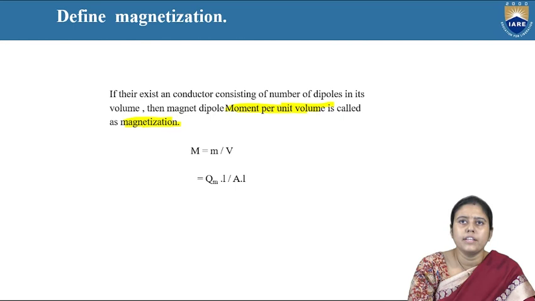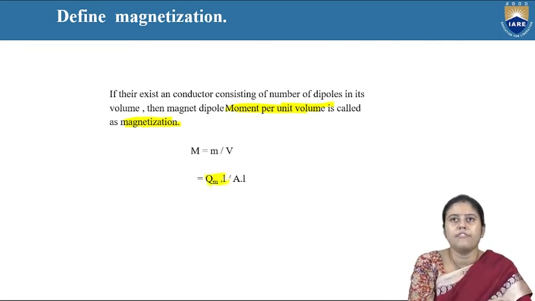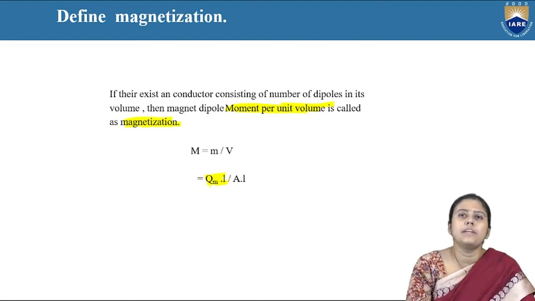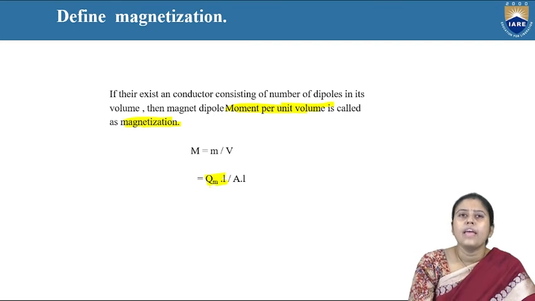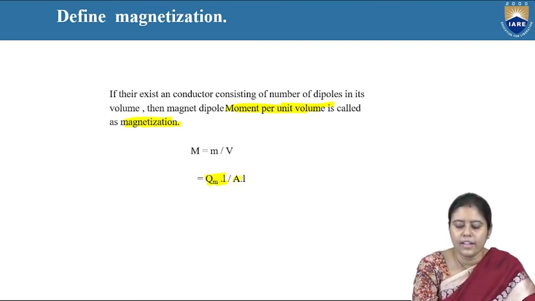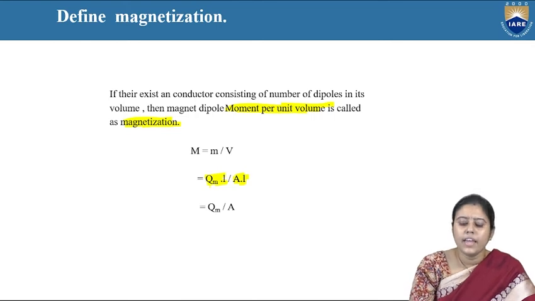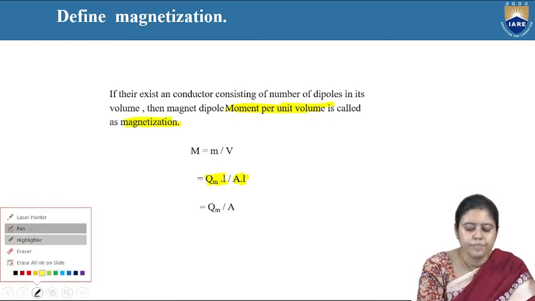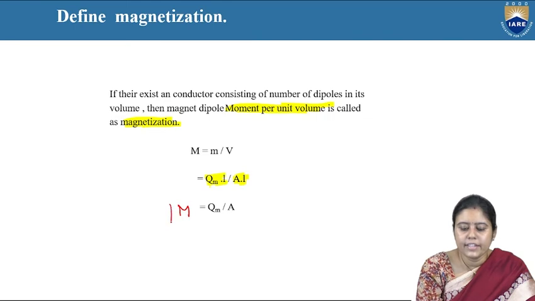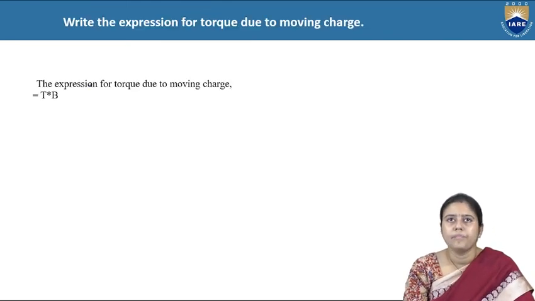We have discussed that the magnetic moment is equal to QM into L. If the cross-sectional area is A and the length is L, the volume is equal to A into L. So magnetization M is equal to QM by A.